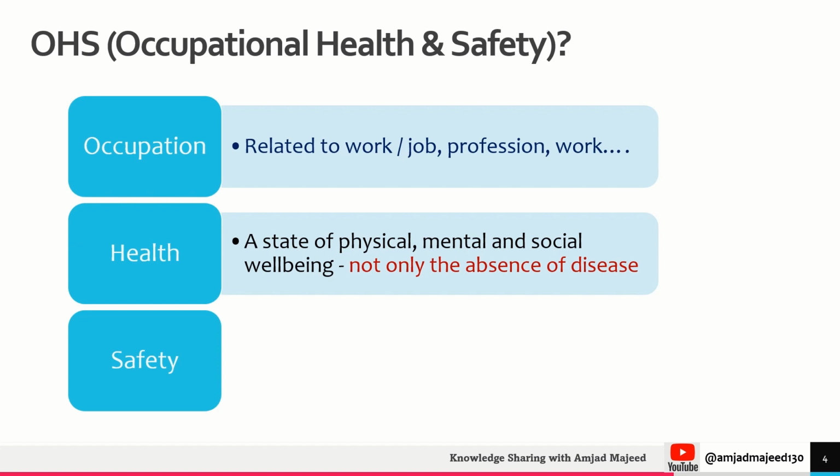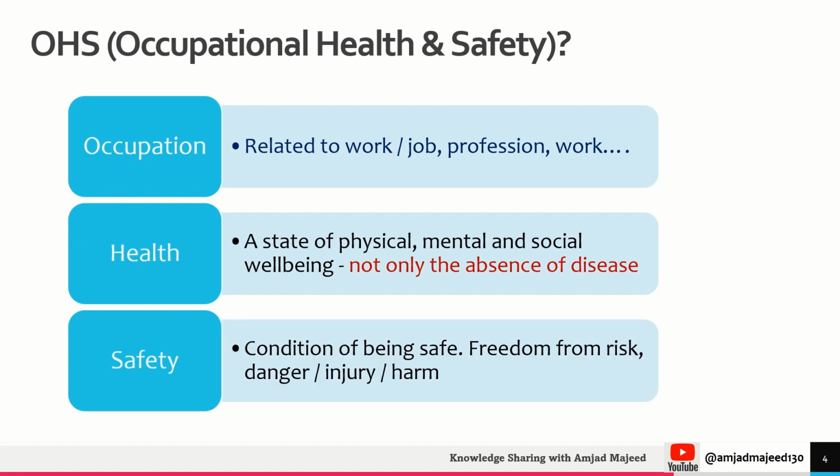So health covers the inner part of your body, which we cannot see. And safety is what? We can see it. If someone is injured, we can see that the person is injured. So it is a condition of being safe or feeling safe.